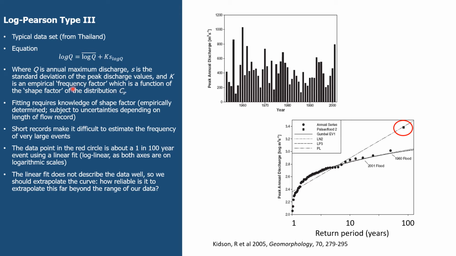Now, if you're going to fit this distribution, the computer packages that do this calculate the shape factor based upon a histogram of the data, and there are uncertainties in this which depend upon the length of the flow record. As always, longer records are better, and short records do make it difficult to estimate the frequency of very large events.